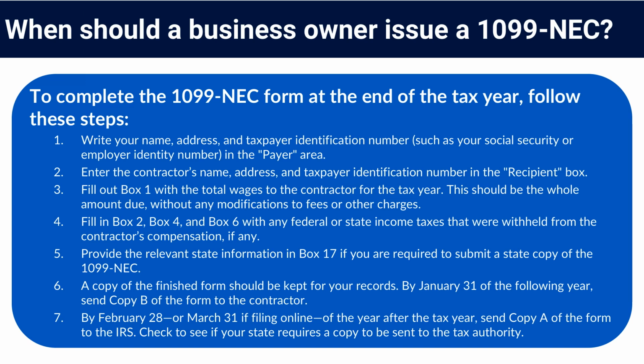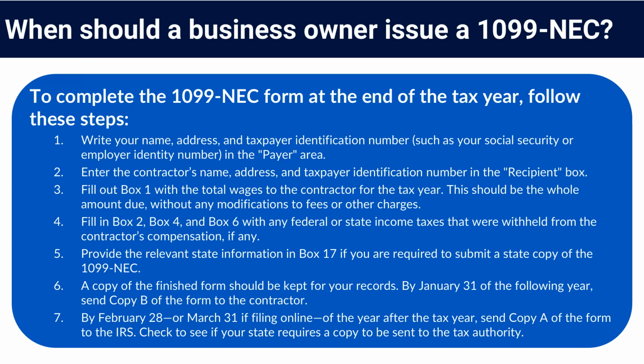To complete the 1099 NEC form at the end of the tax year, follow these steps. First, write your name, address, and taxpayer identification number, such as your Social Security or employer identification number, in the payer area. Second, enter the contractor's name, address, and taxpayer identification number in the recipient box.